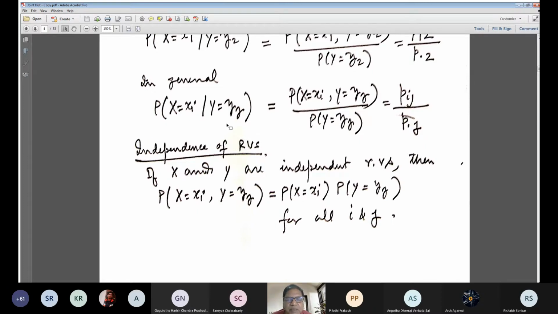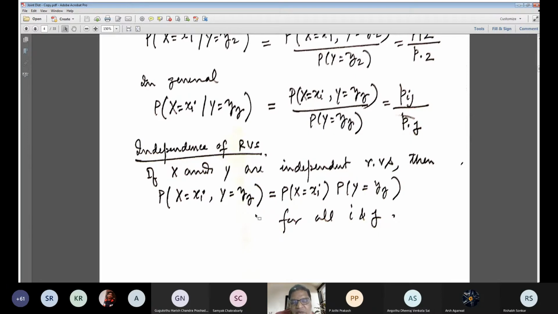The same concept is applied here. If this conditional distribution is independent of y, then it will be equal to the probability of X equal to xi, and we substitute in this expression, so it comes into this form.